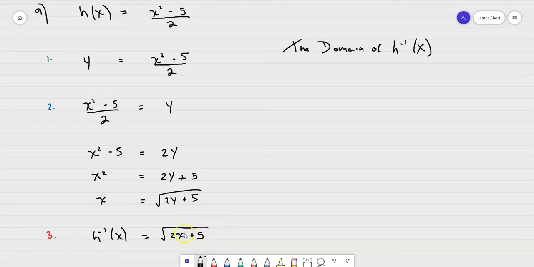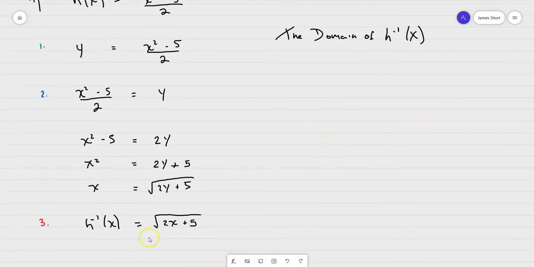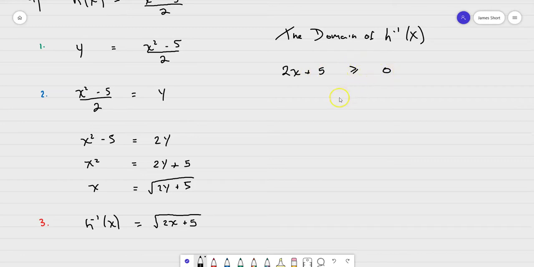Here we've got a square root, so we remember that we cannot have a negative inside the square root, otherwise we'd be going into the complex domain. So what we need is 2x plus 5 to be greater than or equal to 0.